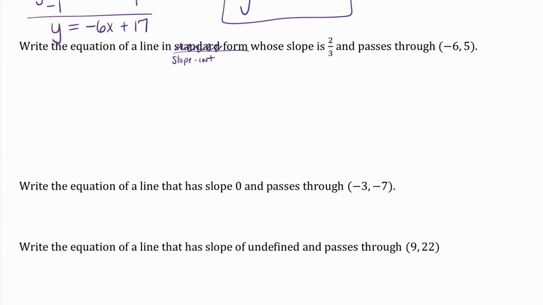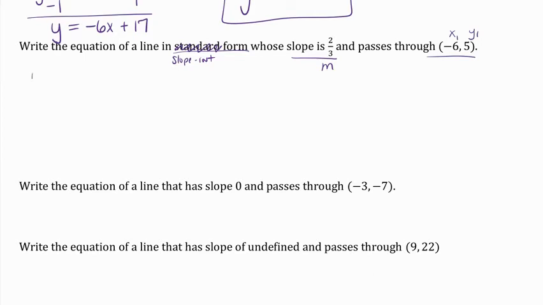Okay, so again, I want to end up in slope-intercept form, but I'm starting with a slope and a point, right? If I just have a slope and a point, I want to use point slope form. So my m is going to be 2/3, and then my x1 is negative 6, my y1 is 5.